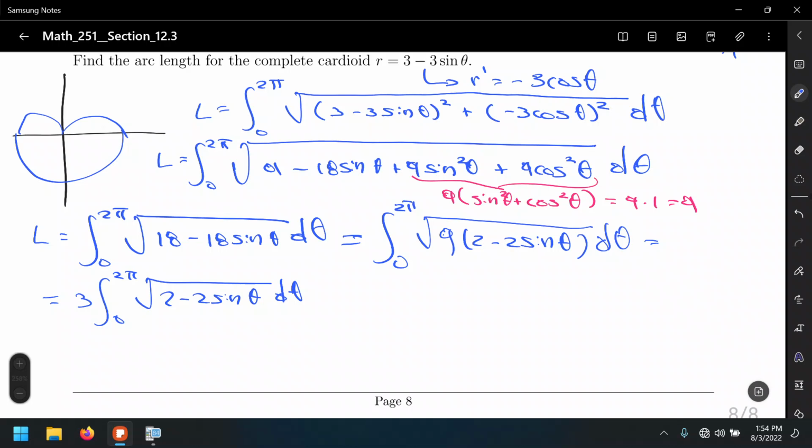Let's have a look at any strategy to go about it. Any ideas on this integral? Would u-substitution work? U-substitution definitely is not going to work because we need a factor of the derivative of the quantity inside of the radical, more specifically a cosine, and then from there do the u du.